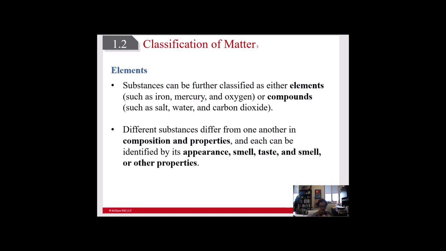So elements are substances that cannot undergo any further change, whereas compounds are going to be elements put together chemically that can. And different substances are going to be different from one another based on their composition and their properties. And properties could be like how they look, how they smell, how they taste, or other things.